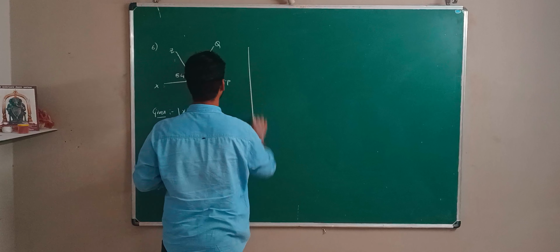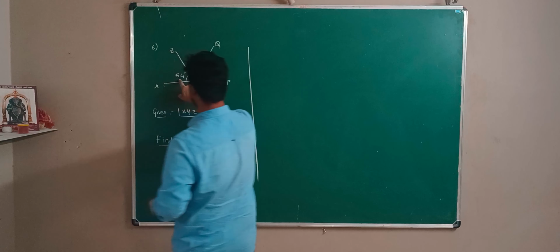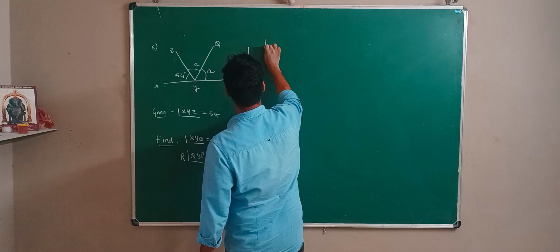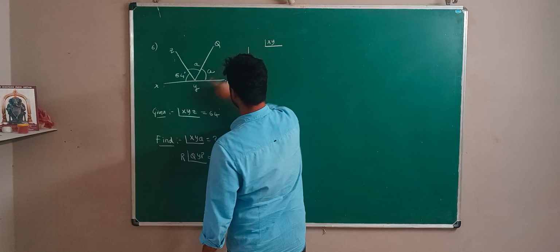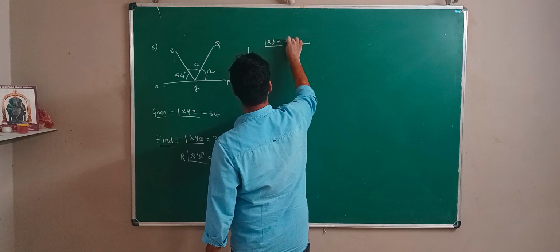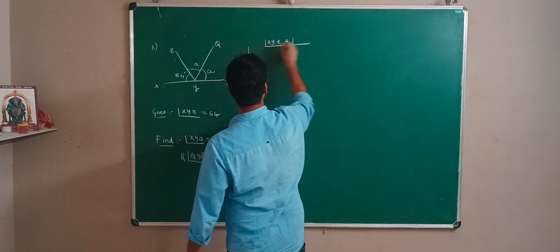Now how should I find them? First, if I add this angle plus this angle plus this angle, how much will I get? 180 degree. So 64 directly I will write. Angle XYZ, first angle, plus angle ZYQ, plus angle QYP is equal to how much? 180 degree.